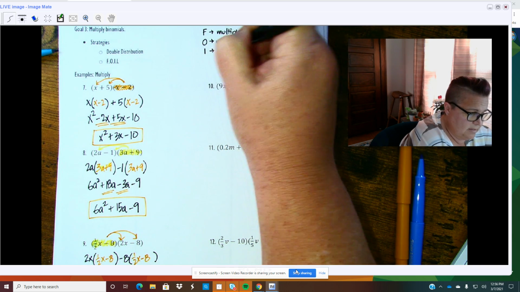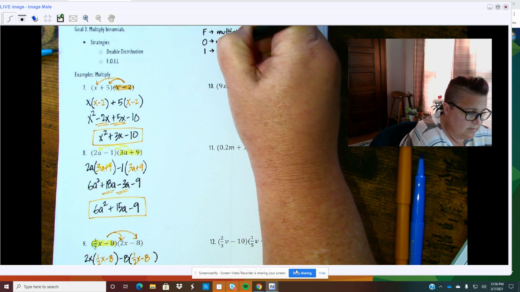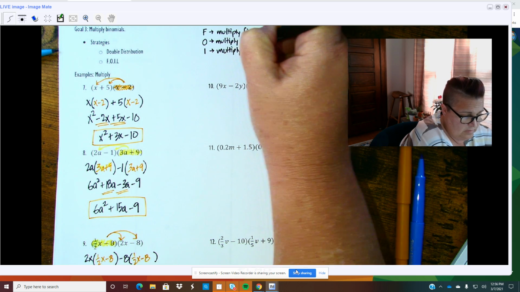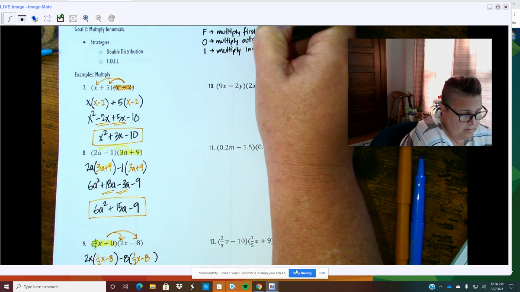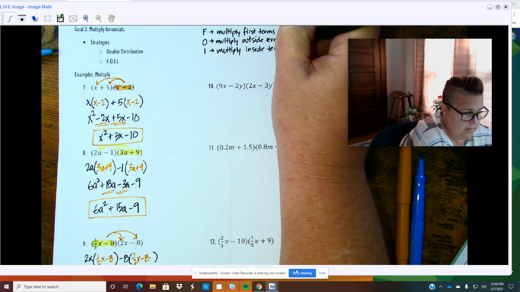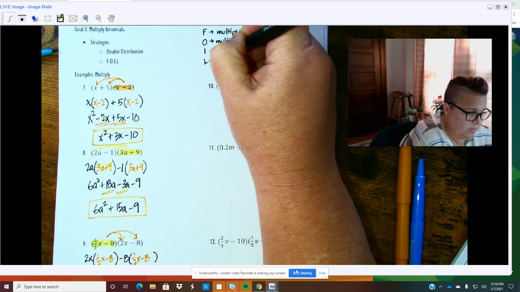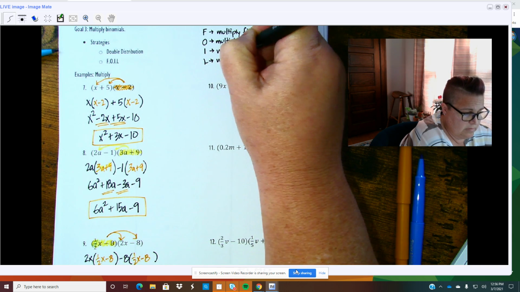The I stands for multiplication of the inside terms. And the L stands for multiplying the last terms.